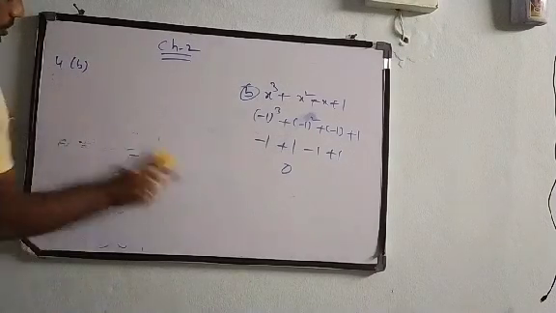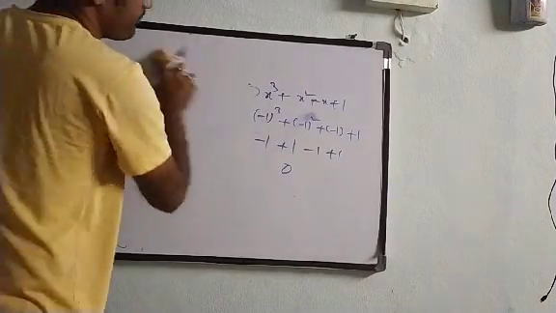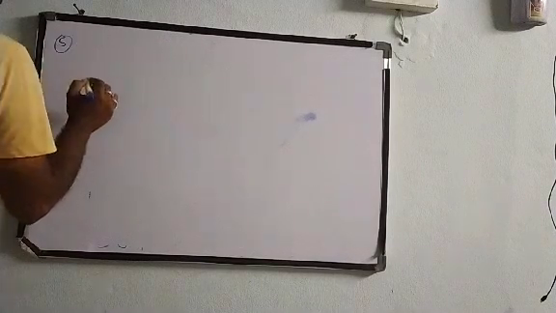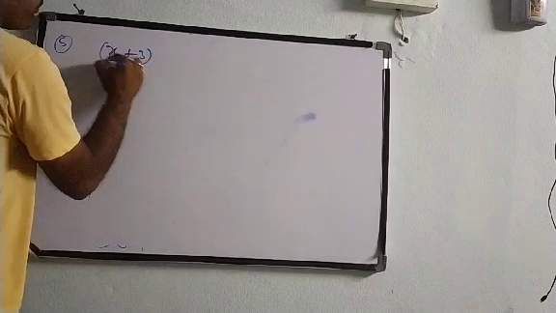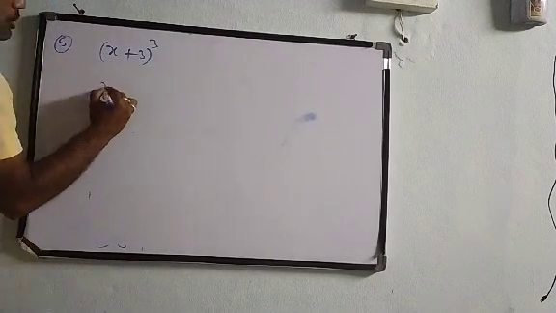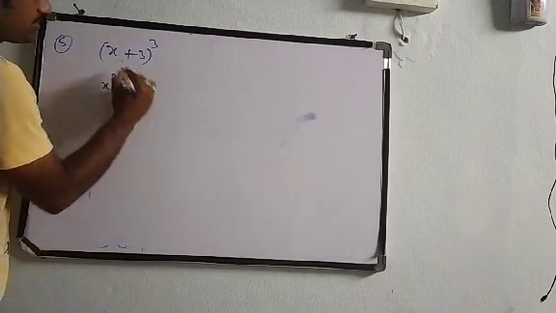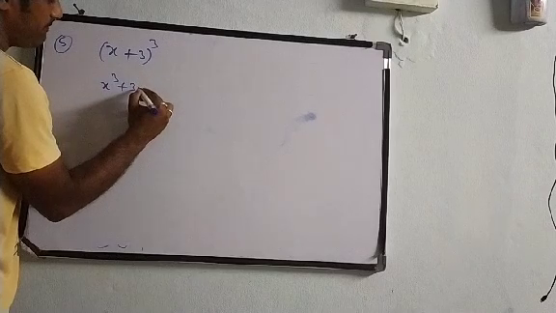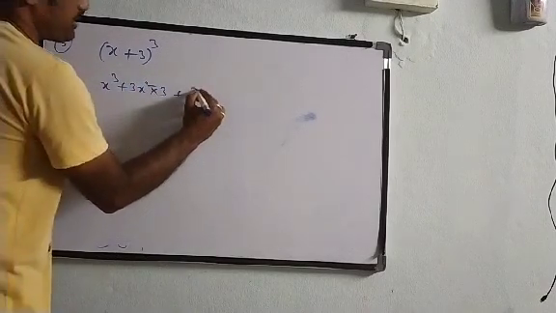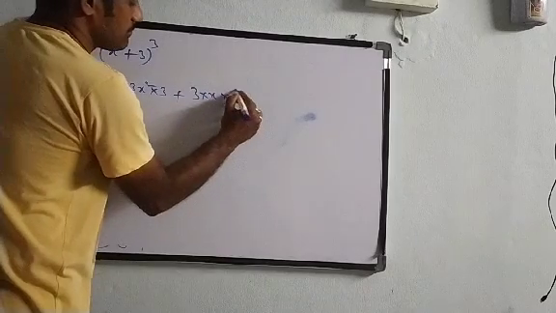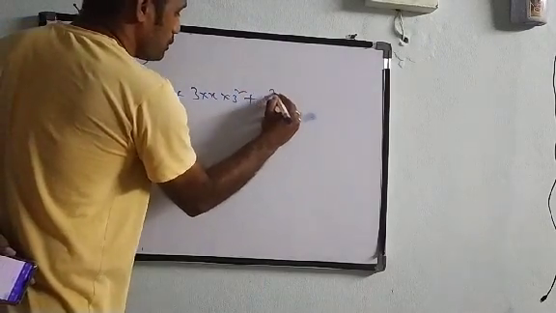Next, the fifth question. Now if you see the fifth question, the coefficient of x in x plus 3 whole cube. So for a plus b whole cube, the formula is a cube plus 3a square b plus 3ab square plus b cube.